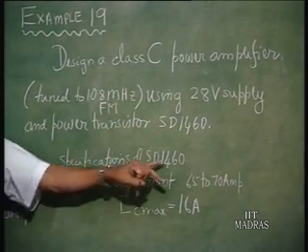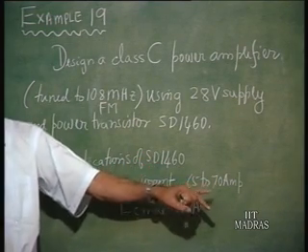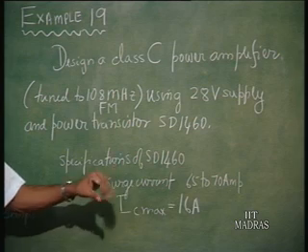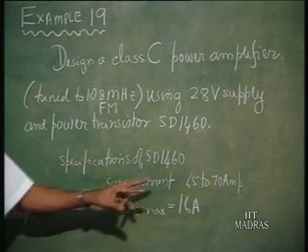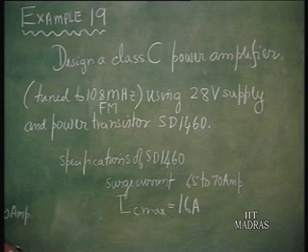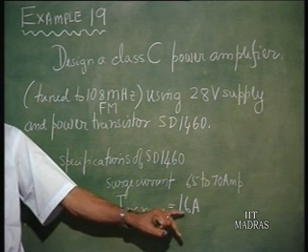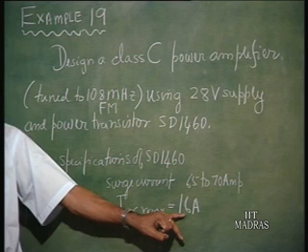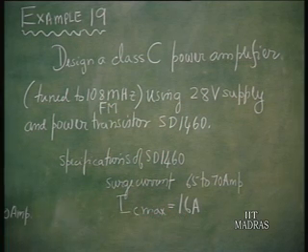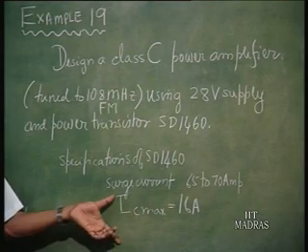Specifications for SD1460: surge current 65 to 70 amperes. This is just one time surge current, which might flow because of sudden change in the voltage or something like that. So, IC max is equal to 16 amperes. So, what is important here is the supply voltage and IC max in our design.